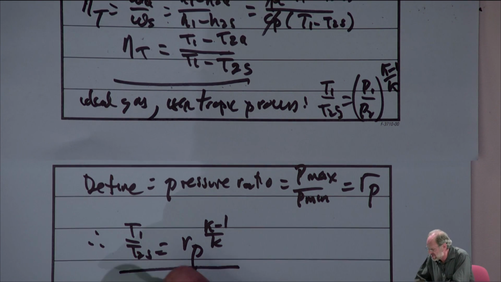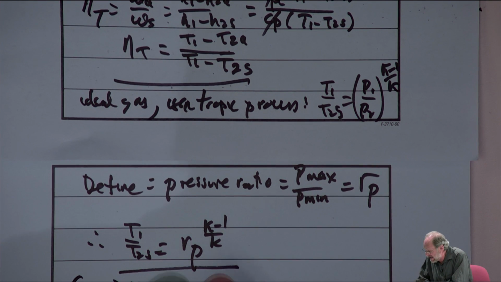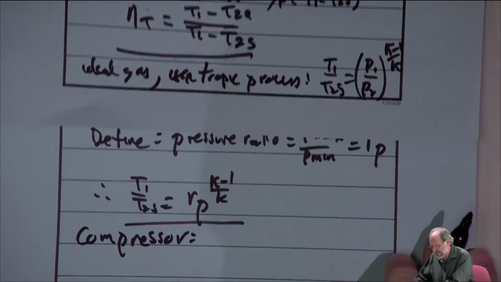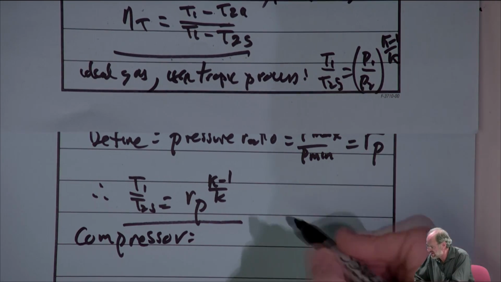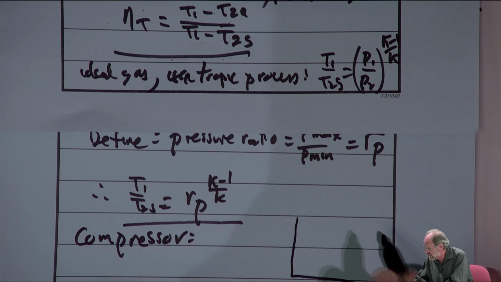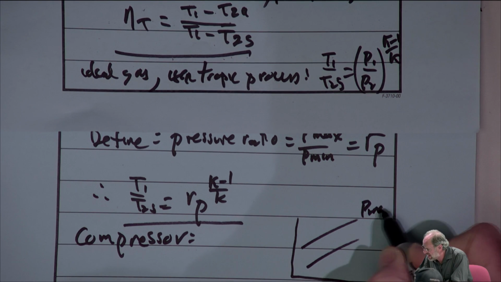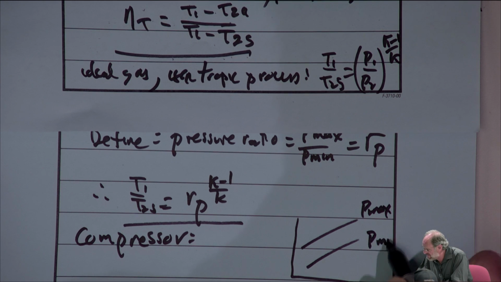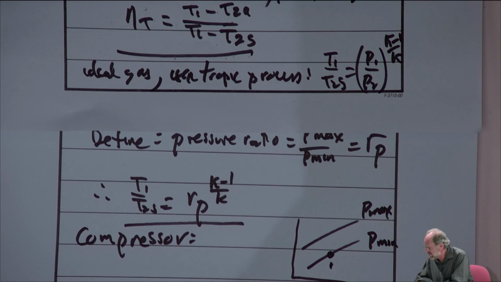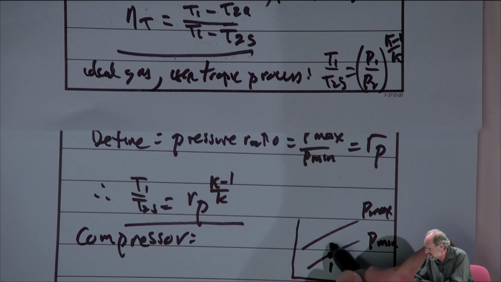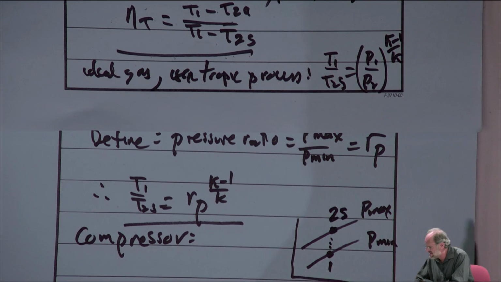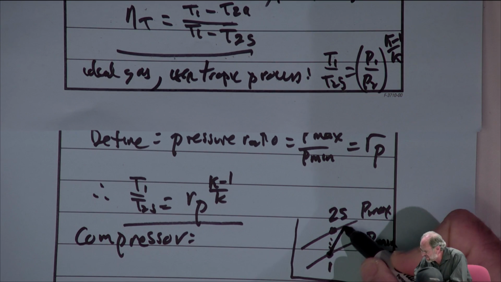What about the other situation? What if we had a compressor? Well, again, not a whole lot different. I'll start with a diagram. We would note, again, that the higher pressure is P max, the lower pressure is P min. We're going to enter the compressor at point 1. If it were ideal, we would exit at 2S directly above, but it's not.